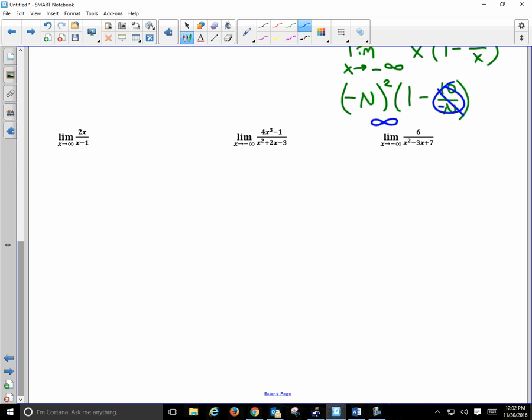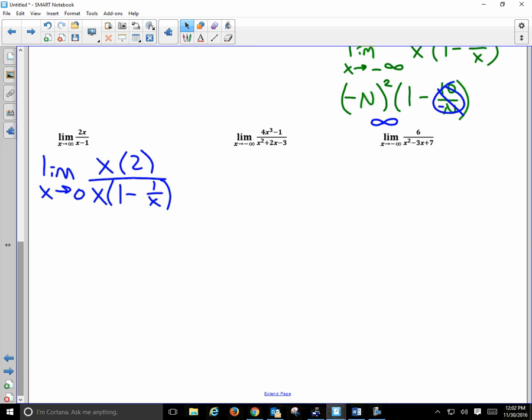So here's what we're going to do. We're going to take the limit as x goes to infinity of, I'll factor out the x, and in the bottom I'll factor out the x.